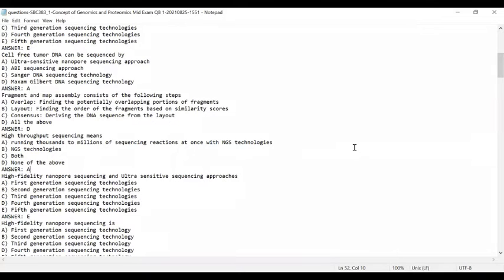Sir, I didn't get you, there is some network issue. Can you repeat, sir? What is high throughput sequencing? Sir, can you hear me? Yeah, I'm able to hear you.